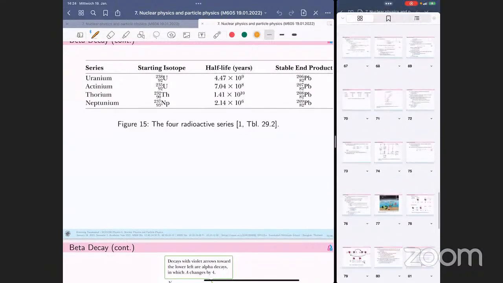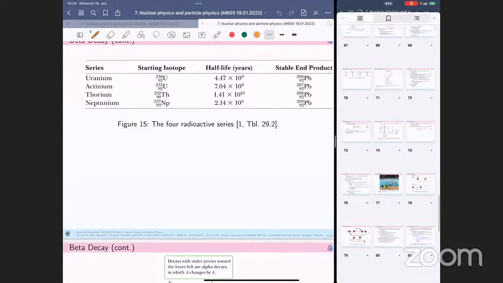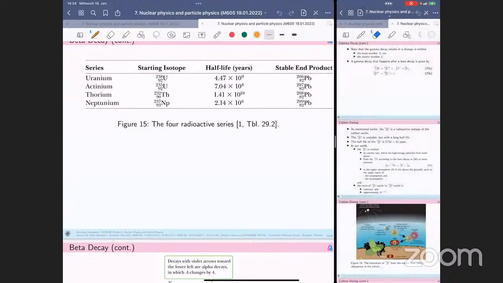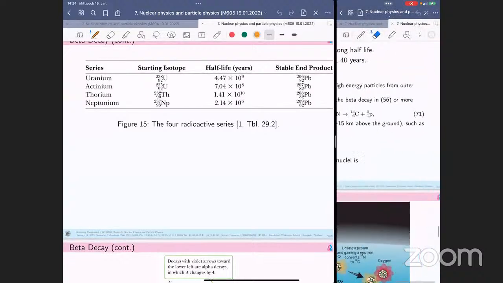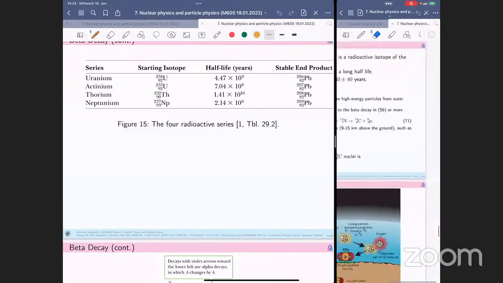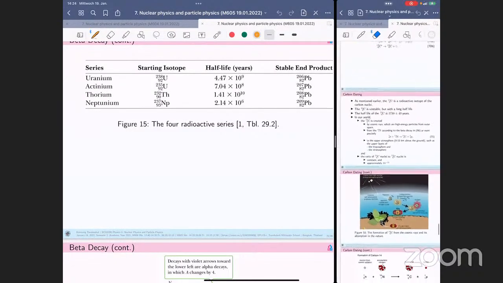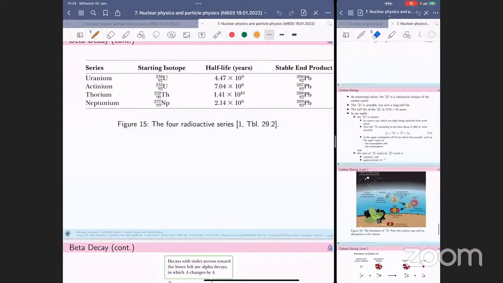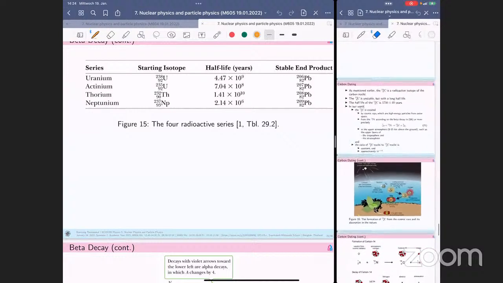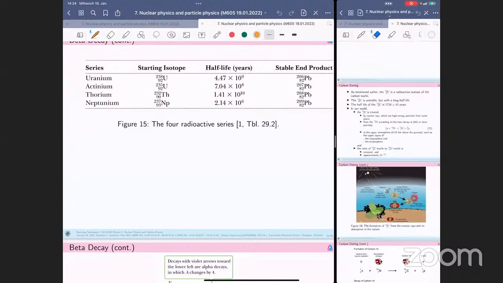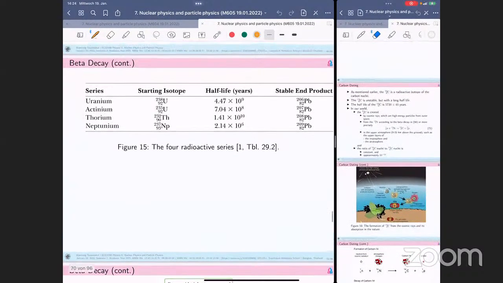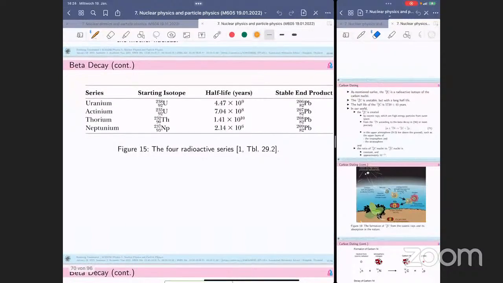We need to start the carbon dating on page 76, but anyway, two things are added in the lecture notes at the end of the beta decay, because you might see the better picture of everything that happens.